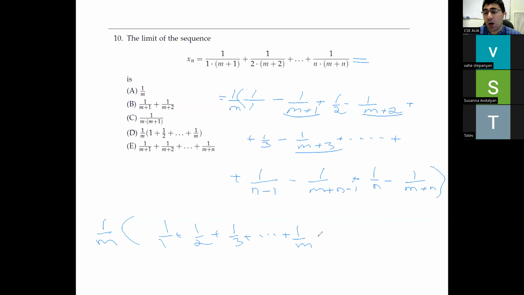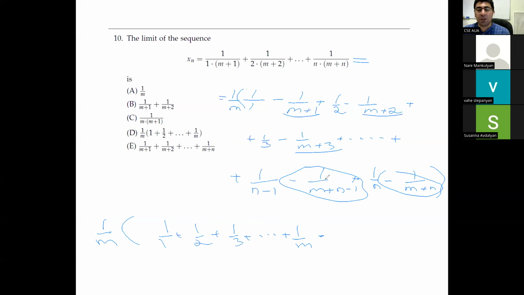And then I have to write 1 over m plus 1, but it will be cancelled with this negative 1 over m plus 1. The term after, 1 over m plus 2, will be cancelled with this one, etc. All these terms will be cancelled except the m terms from the end. So we will keep this one, we will keep this one, and we have similar m terms.